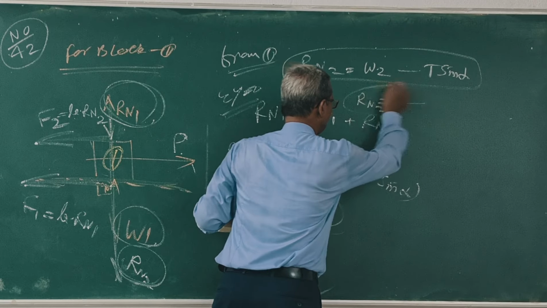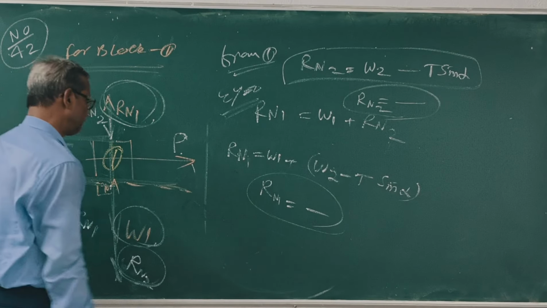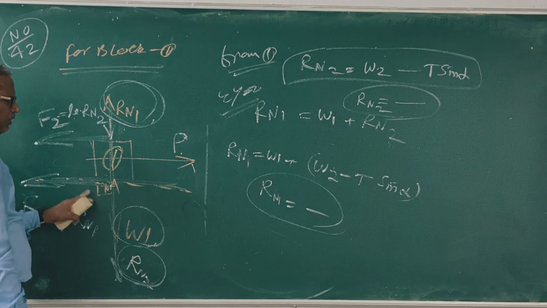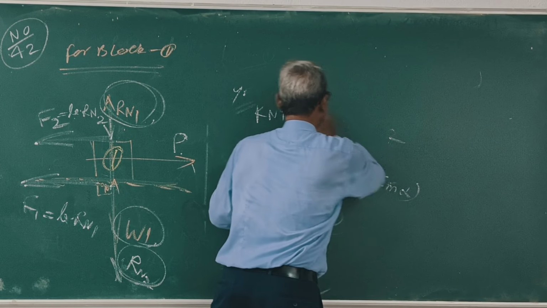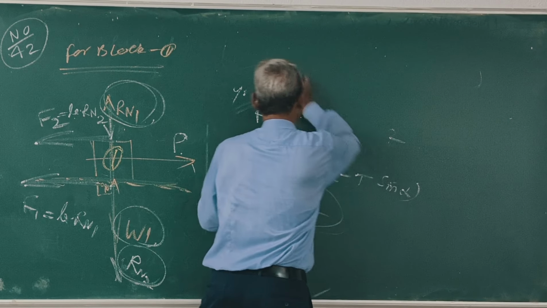Then sigma X equals 0 in this figure. Use calculator and do yourself. From the figure, sigma X is 0. Along the x-axis: P, mu Rn2, mu Rn1. Clear? So P is equal to F1 plus F2.